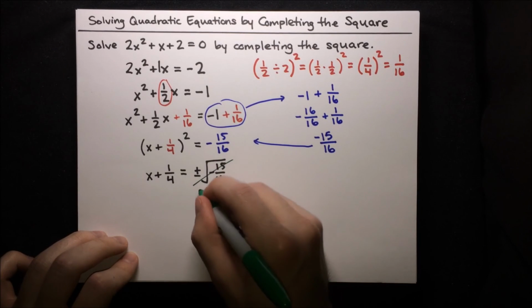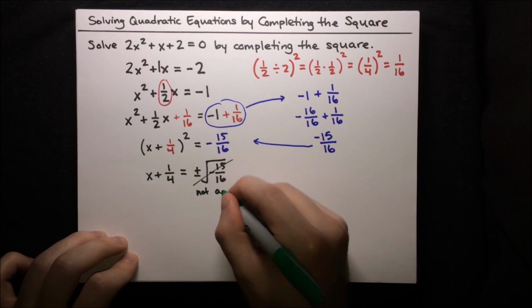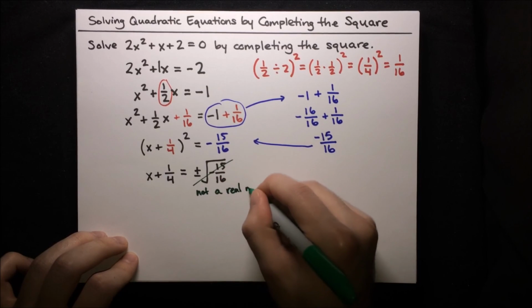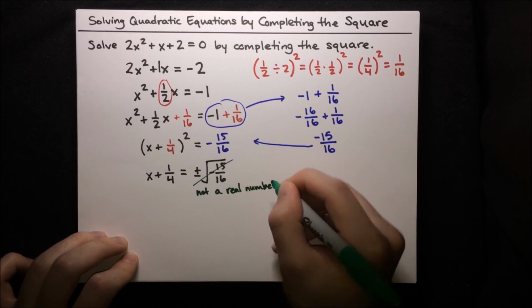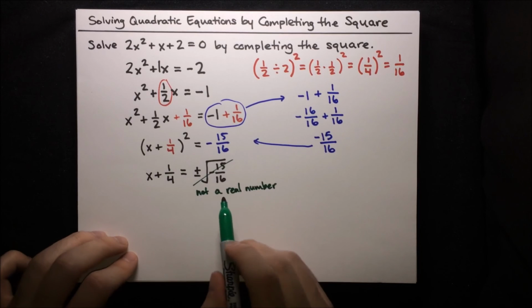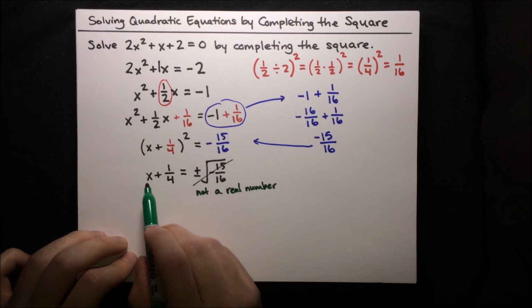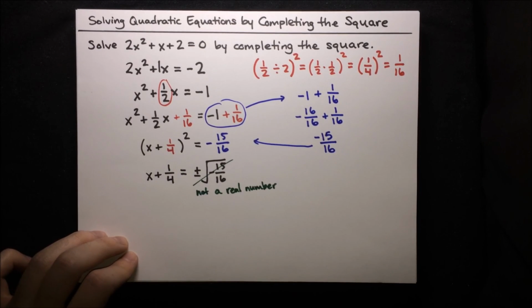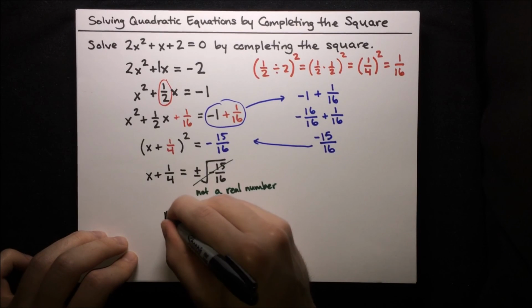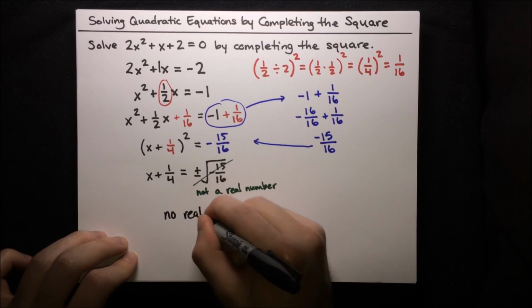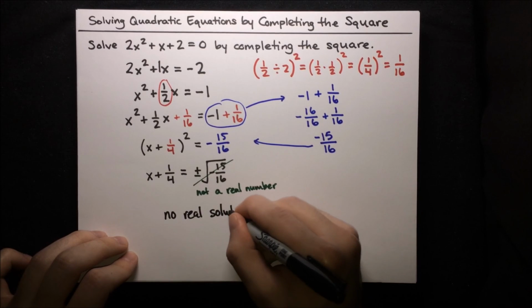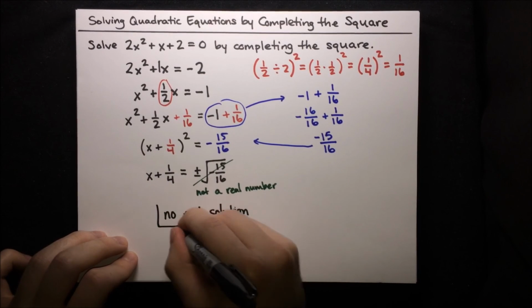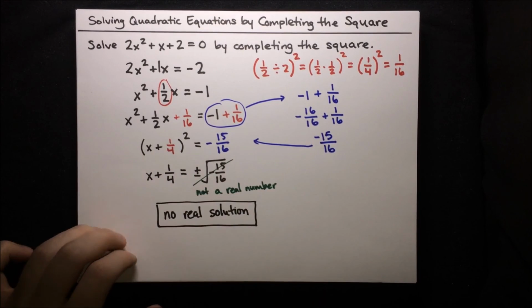So on this right-hand side, it's not a real number. So as a result, there is no real number which we can have as a solution for x. So our conclusion is then just there's no real solution to the equation. And that's what we end up with.